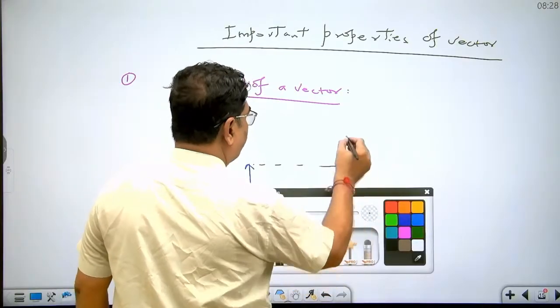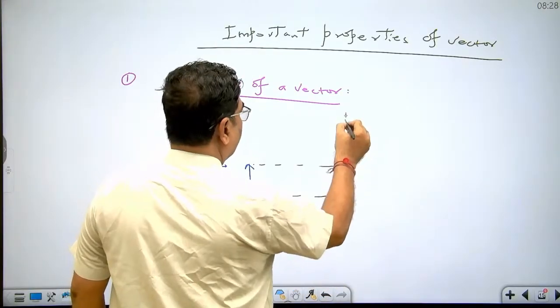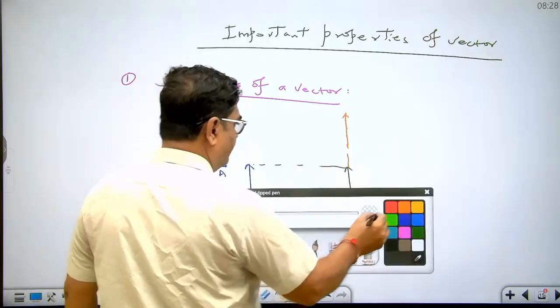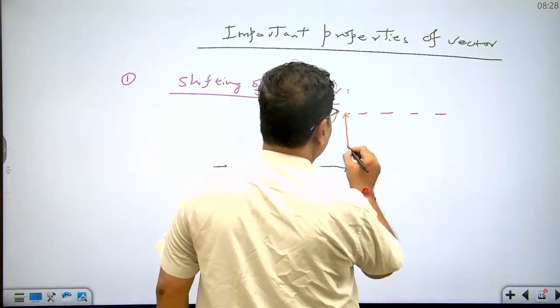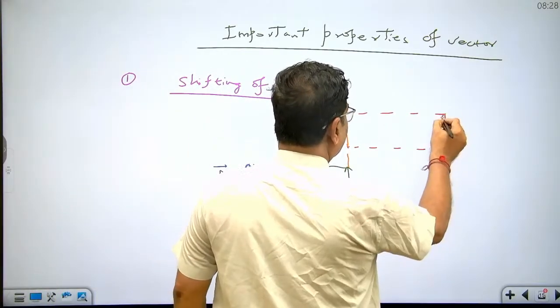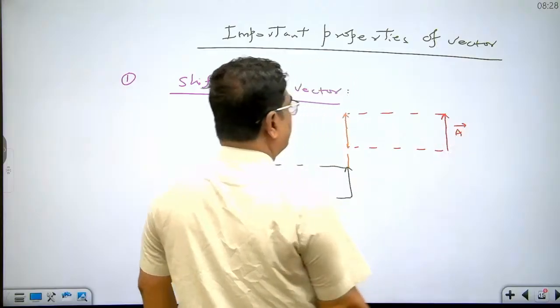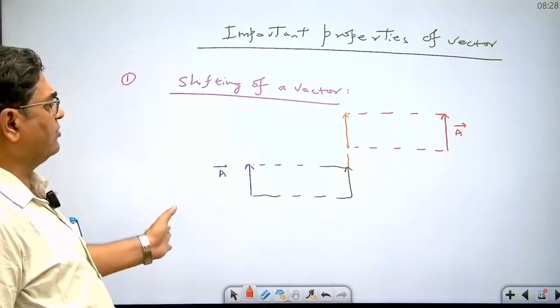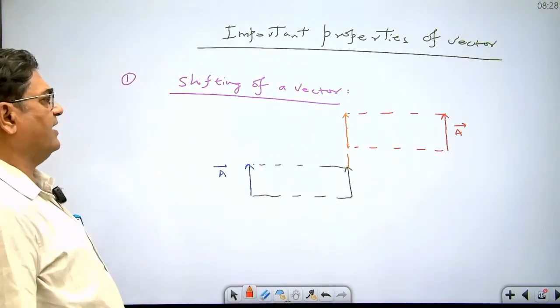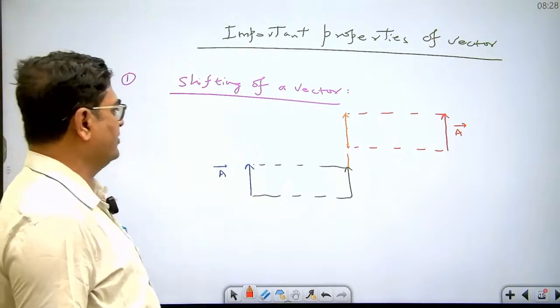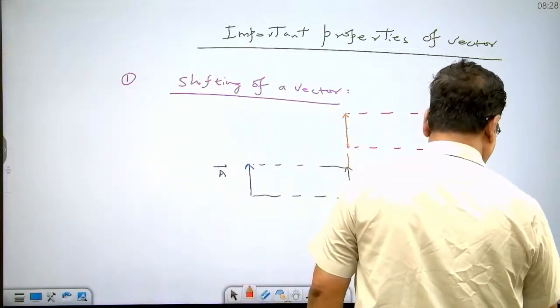Now again shift it from this place to this place. When a vector is shifted parallel to itself without changing its direction and magnitude, the vector does not get changed. This is how we can shift.